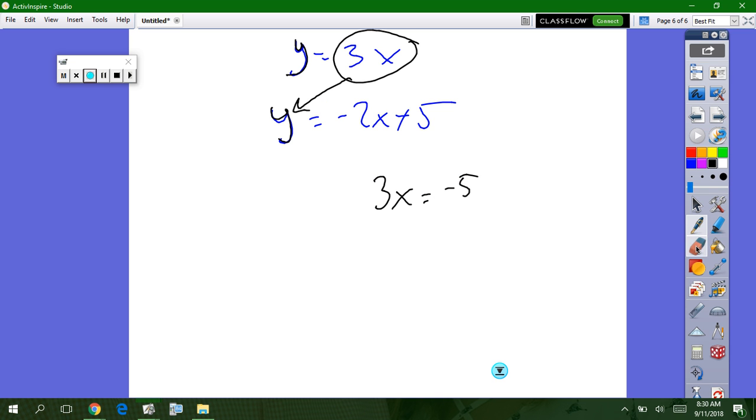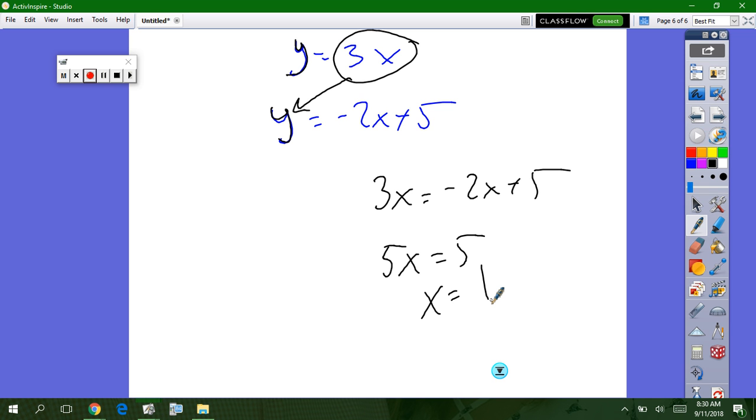Oops. I was doing the next step already in my head. Just use substitution there, correct? Gonna go ahead and add it over. X equals 1. I'm going to plug it into either one.